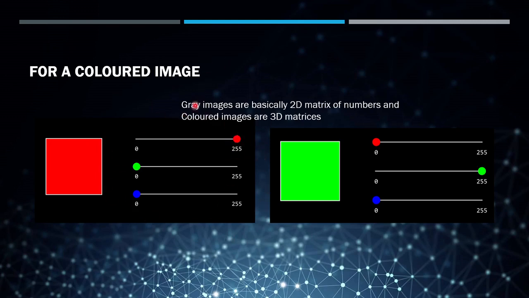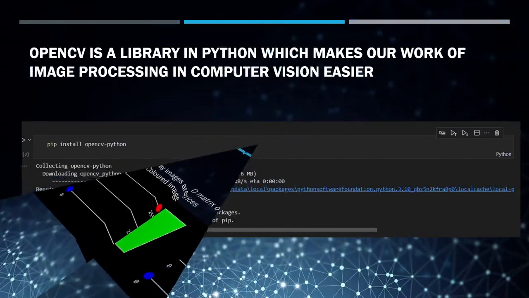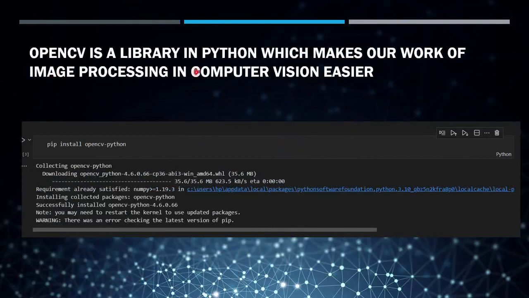As I told you, gray images are basically 2D matrices of numbers and colored images are 3D matrices. OpenCV is a library in Python which makes our work of image processing in computer vision easier. Computer vision is mostly about image processing, how to process an image intelligently. So first we will pip install this OpenCV Python.